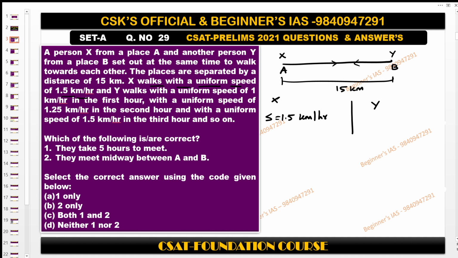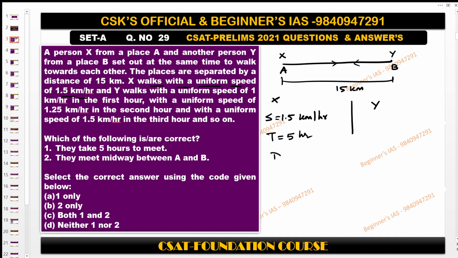So let us move on with the question. Which of the following statements is correct? They take 5 hours to meet. So therefore time has been provided, t is equal to 5 hours. Here we need to find the distance traveled by X in those 5 hours.